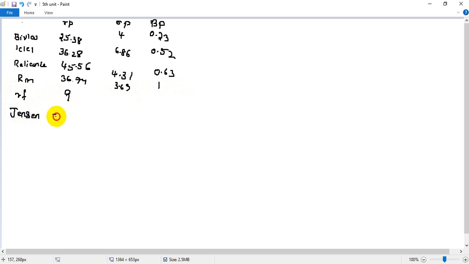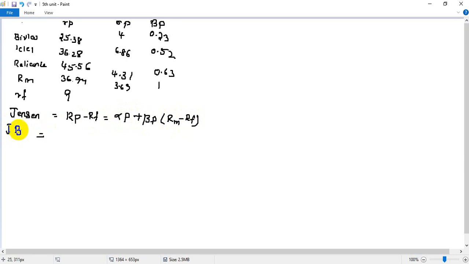Performance measure. The formula is RP minus RF is equal to alpha P plus beta P into RM minus RF. For Birla, we'll write down Jensen Birla.